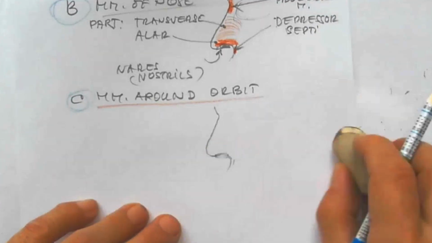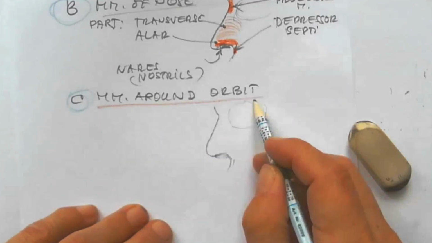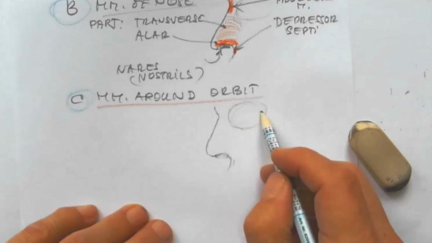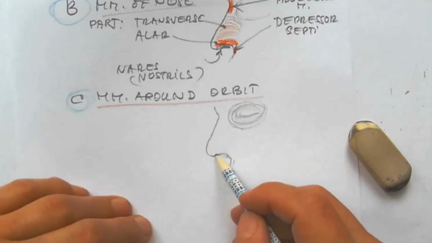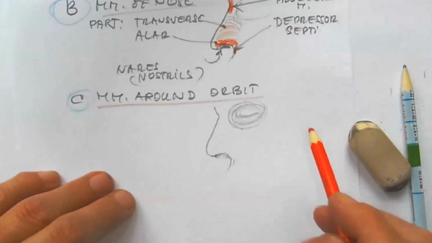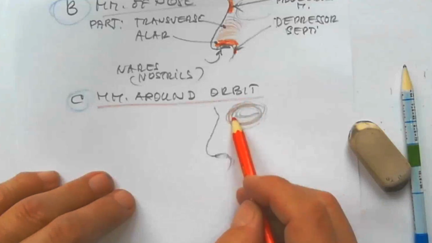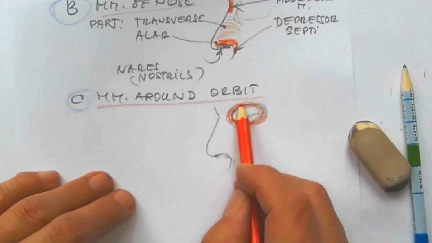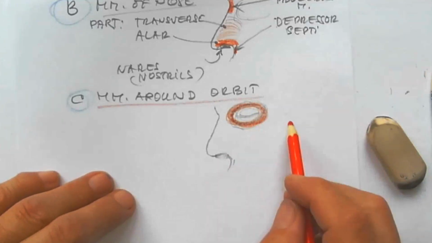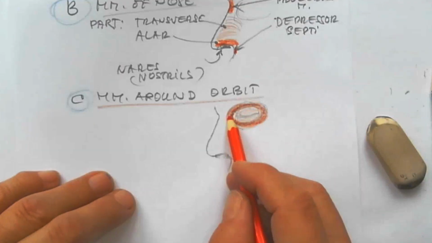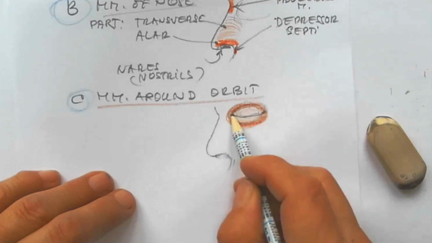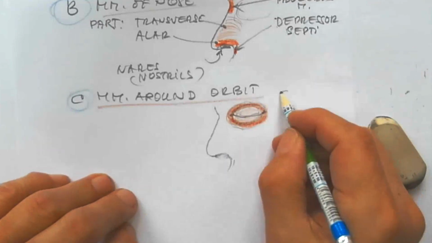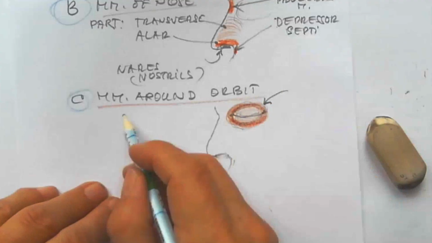And then the orbit. The orbit contains the orbicularis oculi, with the peripheral orbital portion in darker red and the palpebral portion in light red. We also see the angle and ligaments there, at the moment not necessary.